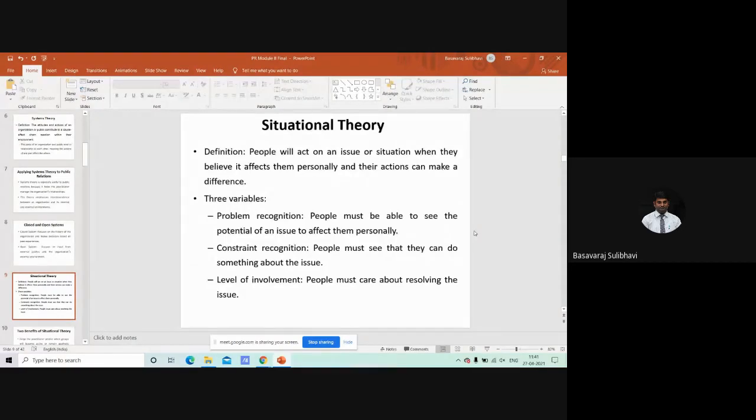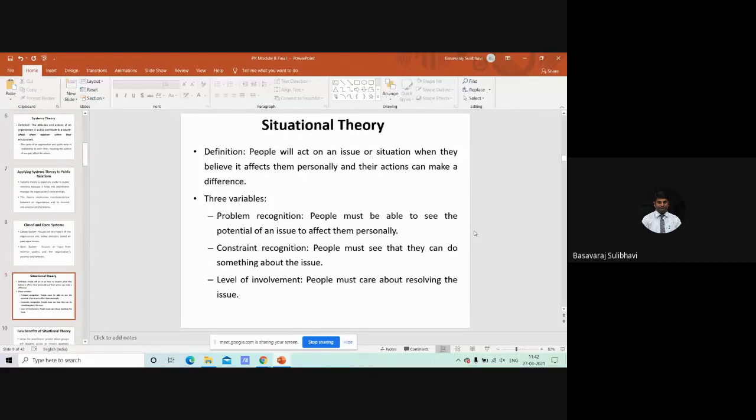Then we have the next one, level of involvement. This is something where people must care about resolving the issues. This says that if the level of involvement is very high in the public related to any sort of issue, it means that they are trying to resolve it. Sometimes they discuss in the forums to which those people belong.